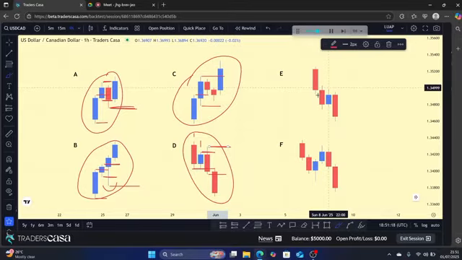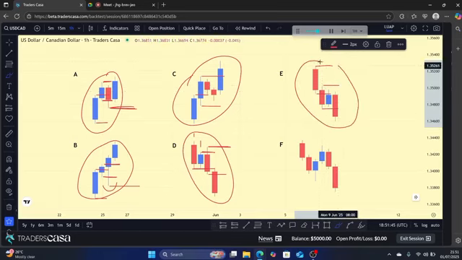We can clearly see price is in a candlestick based downtrend, and this one here is the lowest point, and price broke past the lowest point, while the highest point right here is protected. Again, right here you can clearly see price broke past the lowest point, while the highest point here is protected. So this means there is no valid pullback here. This one is an invalid pullback.